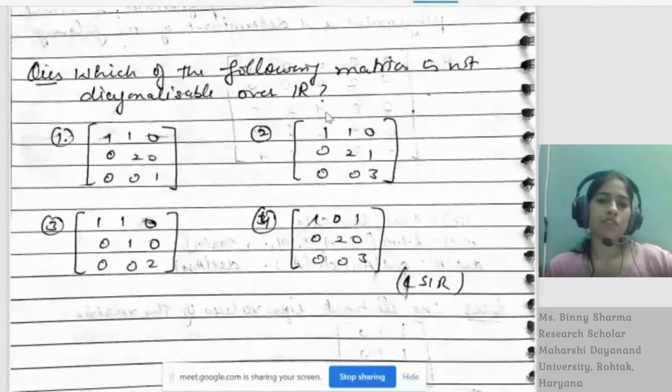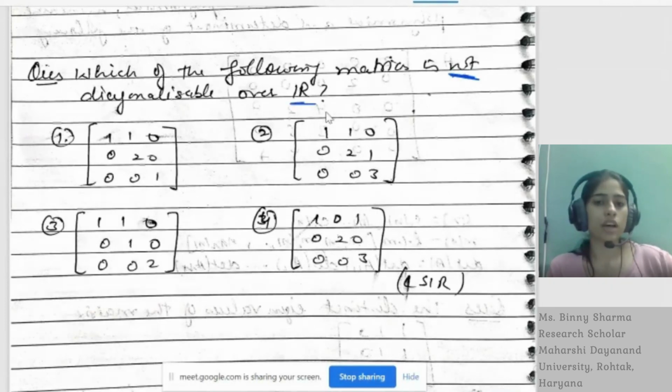The next question is, which of the following matrices is not diagonalizable over R? We have to find which is not diagonalizable over R. So when we see the second option, eigenvalues are 1, 2 and 3. All eigenvalues are distinct.